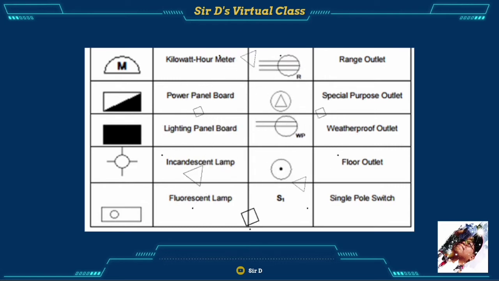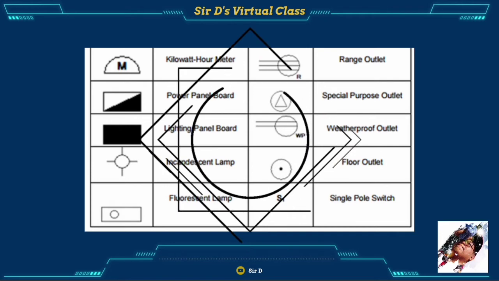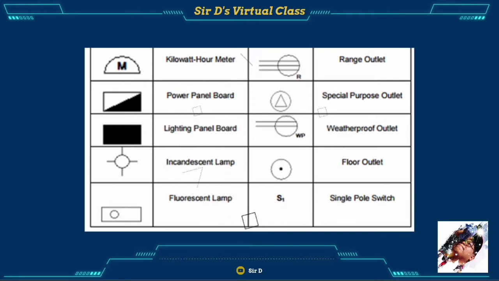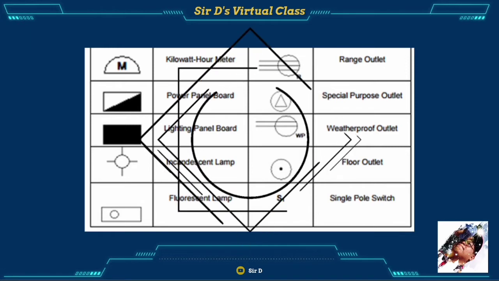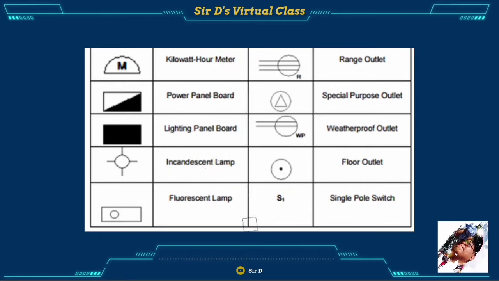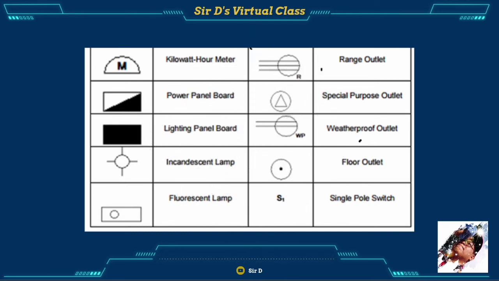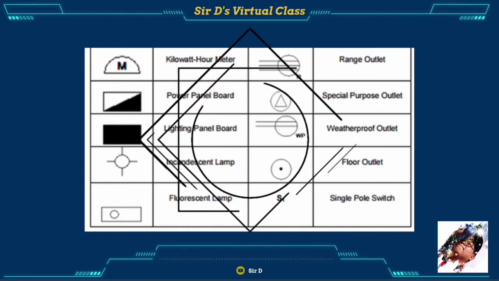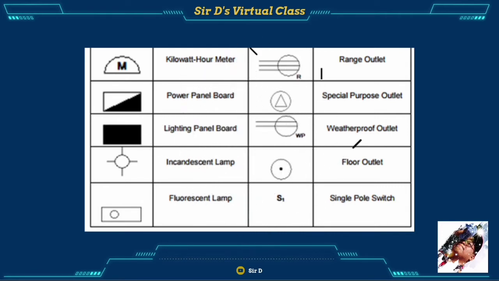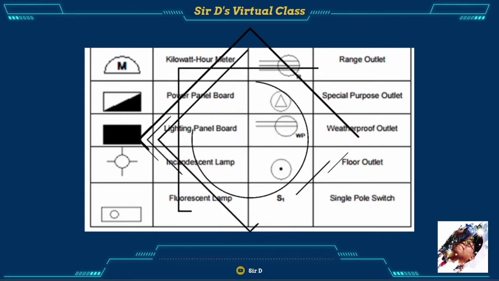All of what you have seen are just some of these electrical symbols, and there are a lot more. As an aspiring electrician, electrical contractor, and even an electrical engineer, one must be familiar with these electrical symbols so that they can readily interpret electrical plans and layouts, and of course, create a desirable electrical plan themselves.